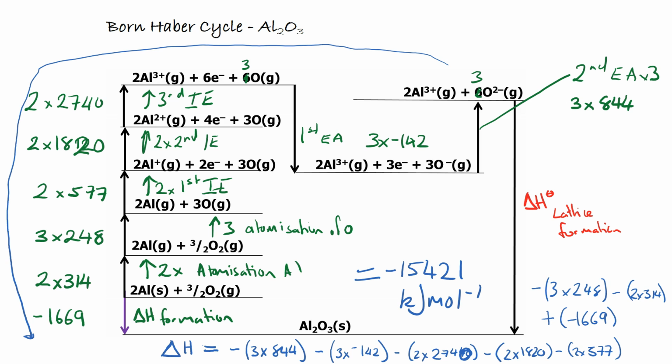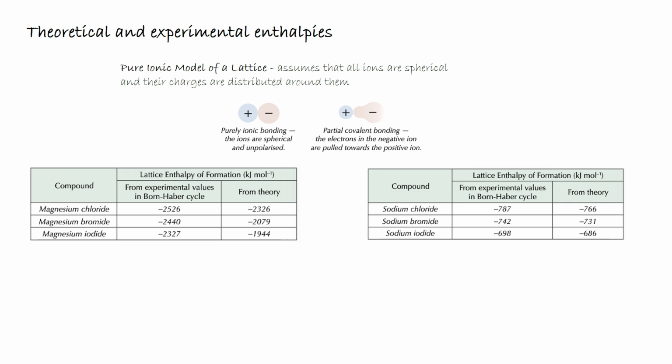So the final thing to look at is how we use the lattice formation data that we get at the end here. So the final thing that we're going to look at now is the theoretical and experimental enthalpies and what they can tell us about the bonding nature of our ionic lattices. Now, our Born Haber cycles give us a way of experimentally identifying the enthalpies of an ionic lattice.